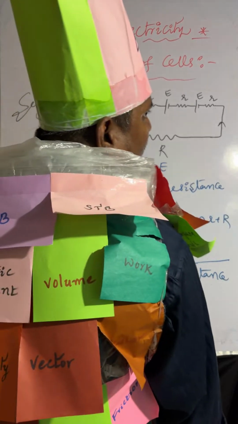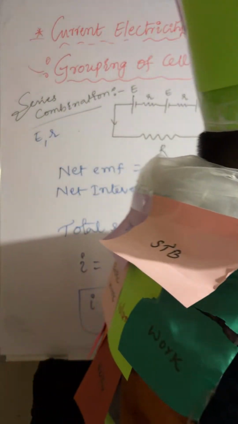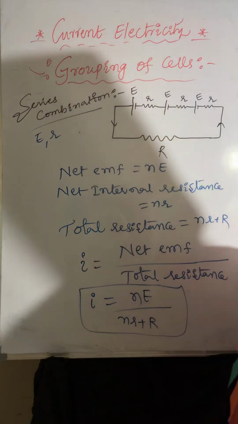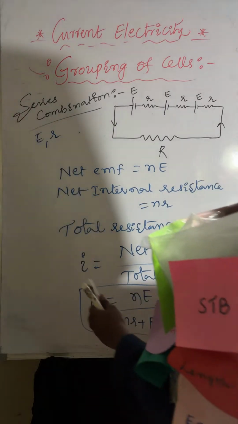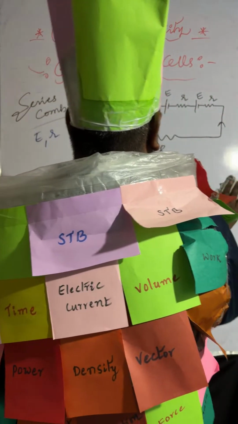Okay. So this is about cells connected in series combination. Next, cells are connected in parallel combination. Okay, let's start.